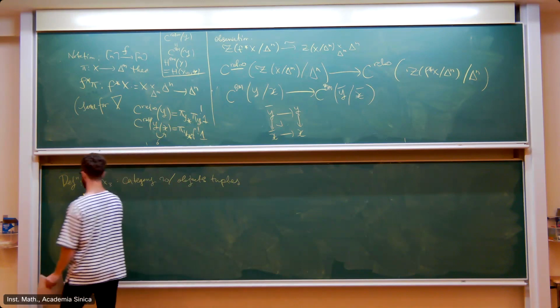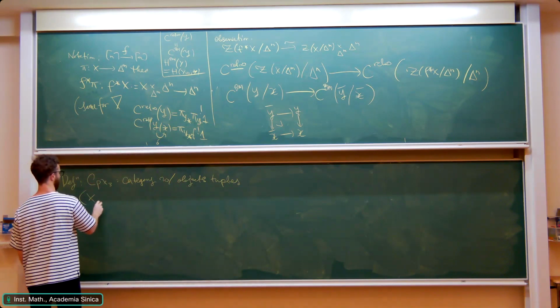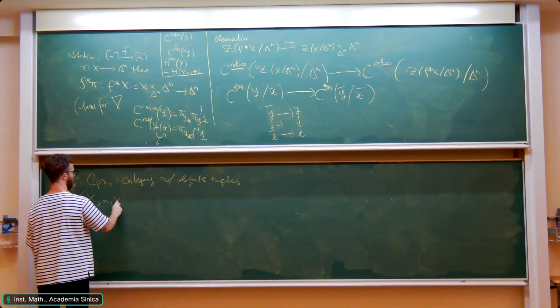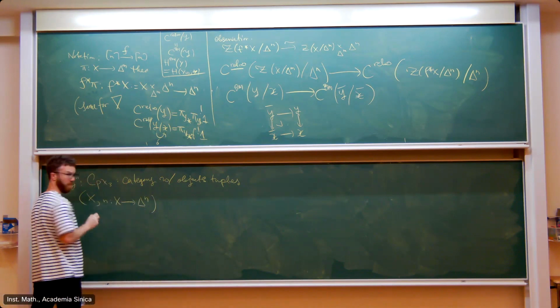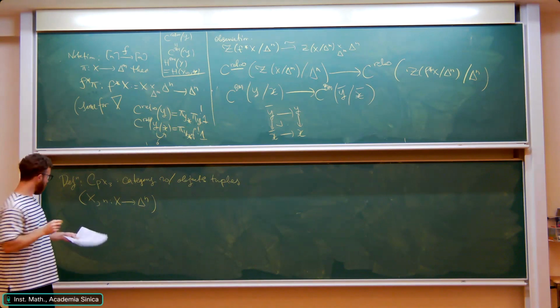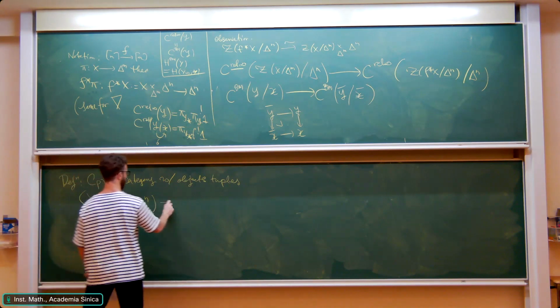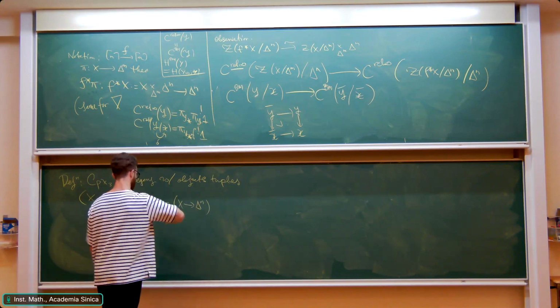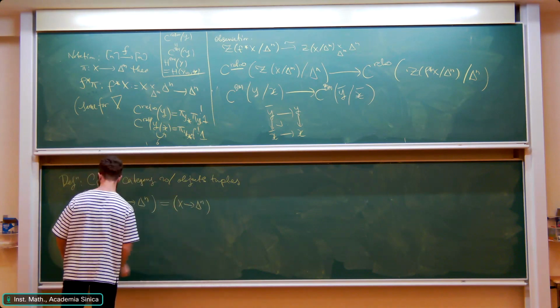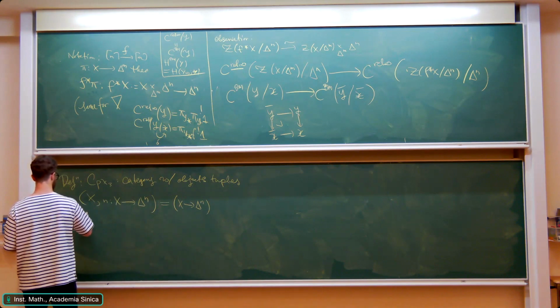I could use delta, you could also use nabla, X, and a family. And you understand that there is an N and there is an X. And morphisms.